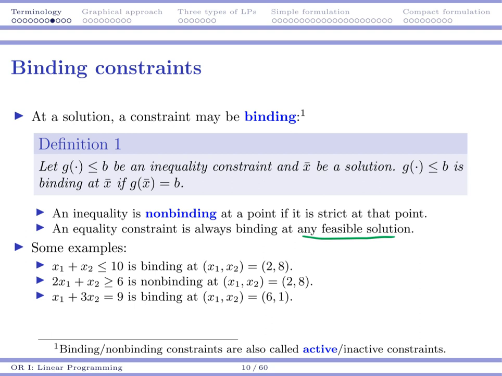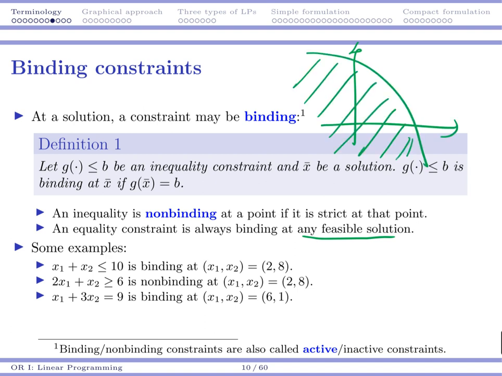Intuitively or geometrically, if a constraint says your feasible region is this part, and a point lies at the boundary, then you know this constraint is binding at that point. If another point lies in the interior of that feasible region, then this constraint is not binding at that interior point.